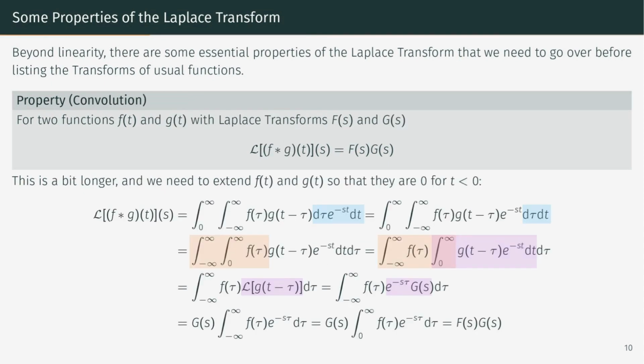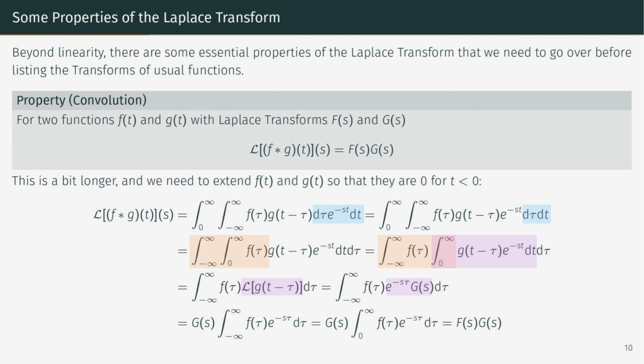The next property is convolution, which states that for two functions f of t and g of t with Laplace transforms f of s and g of s, where we denote the convolution of f and g as f star g, then the Laplace transform of the convolution of f and g of t equals f of s times g of s.